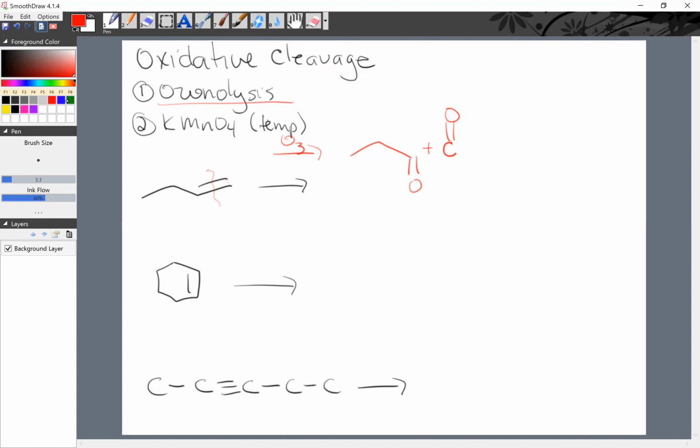If we did KMnO4, let's do that in blue. If we did this with KMnO4, we would again get those two, but with KMnO4, it will continue to oxidize as much as possible.